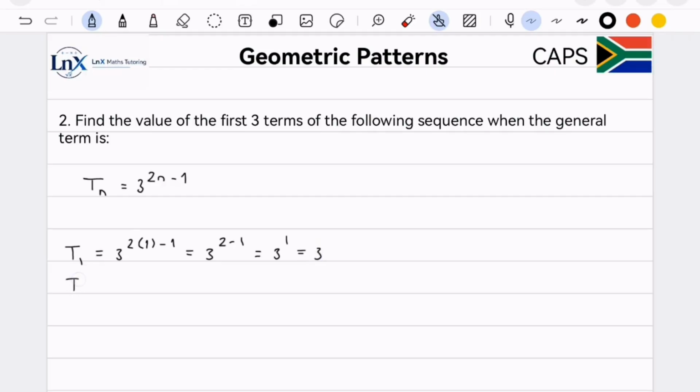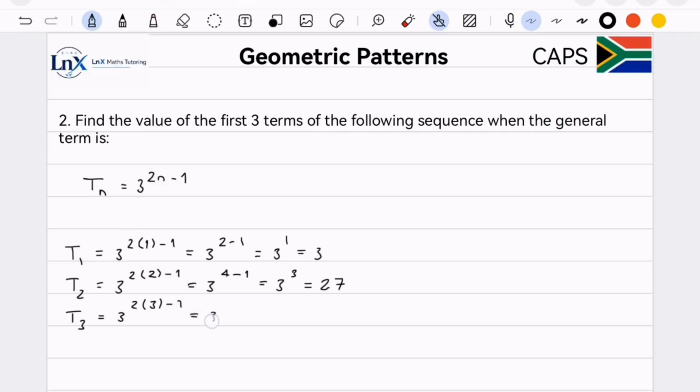The second term will give you 3 to the power of 2 multiplied by 2 minus 1. So we have 3 to the power of 2 times 2, that's 4, minus 1. So we're going to have 3 to the power of 3, which is 27. And then our third term is 3 to the power of 2 times 3, minus 1.